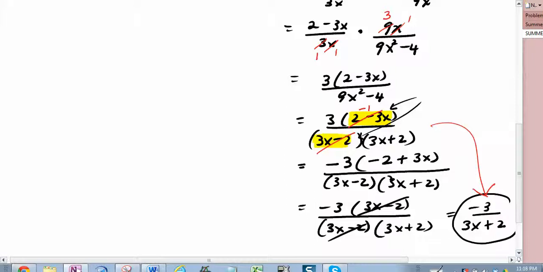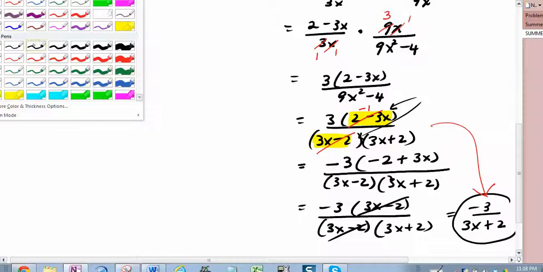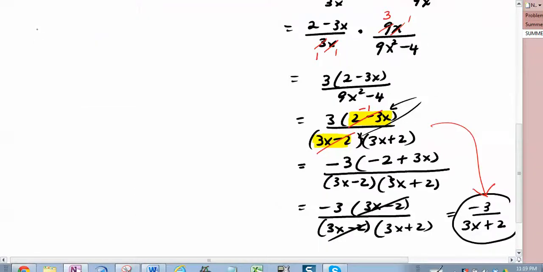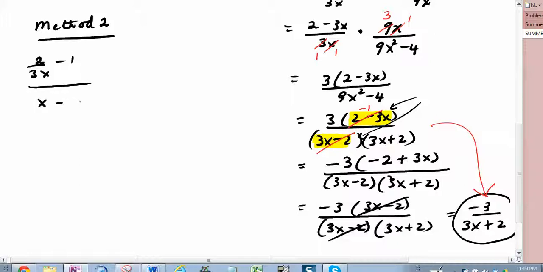Okay, let's look at the other method, which is slightly shorter. Let's call this method 2. I start with 2 over 3x minus 1 over x, all over x minus 4 over 9x. Now, because I have a fraction and I have the rule, I can multiply numerator and denominator of a fraction by the same quantity.